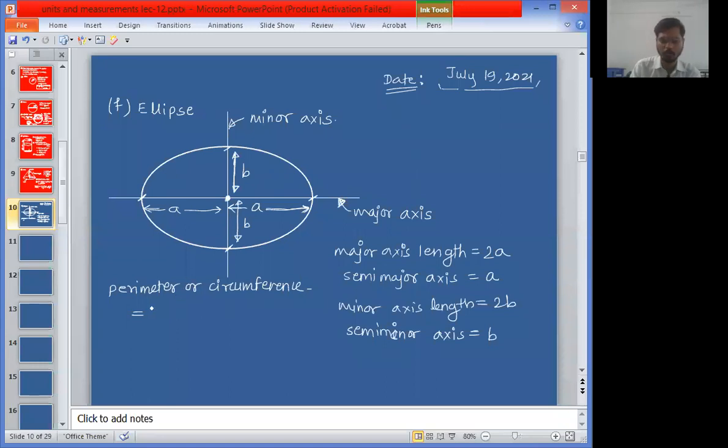We are not going to derive any formula, we just remember it. No one is going to ask you the derivation of this formula, but sometimes we might need this. The perimeter or circumference of the ellipse is 2 pi into root of (a square plus b square) upon 2.